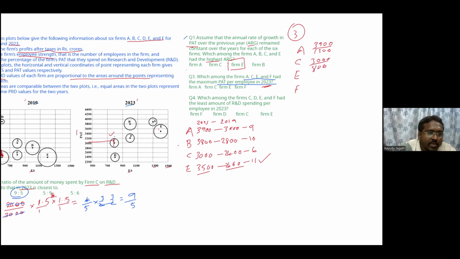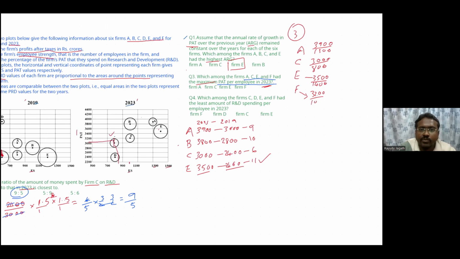Next, E is having between 3,400 and 3,600, therefore 3,500, divided by the corresponding horizontal coordinate, 1,400. And F has a vertical axis of 3,200 crores, divided by the horizontal axis, 1,000.